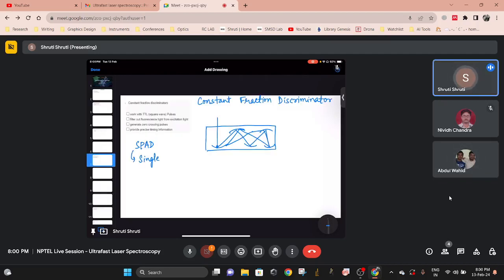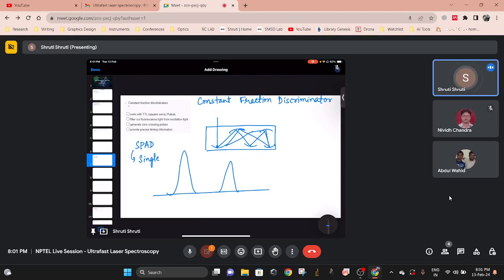So here we were discussing the constant fraction discriminators. If you go into the mechanism, it will be very difficult for me to explain. But what it does is simply this: if you have two photons whose signals got emitted at the same time but have different amplitudes, the capacitor which got charged was different for them.